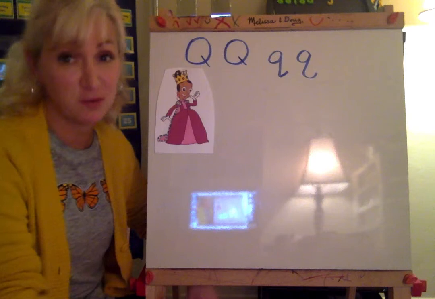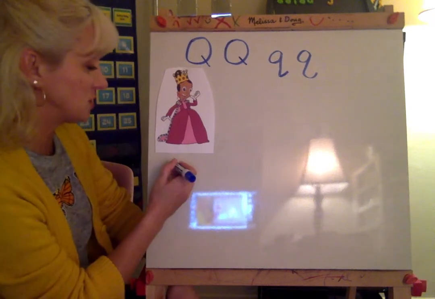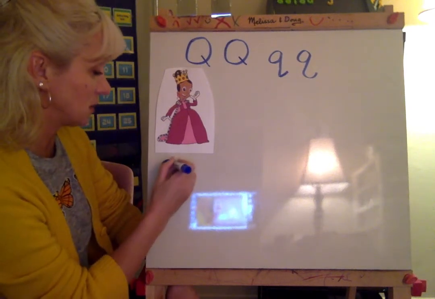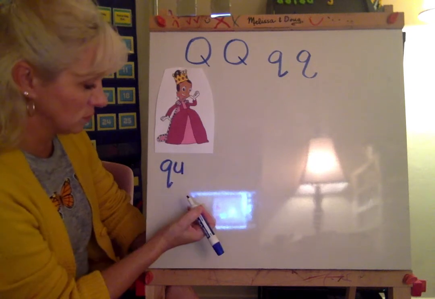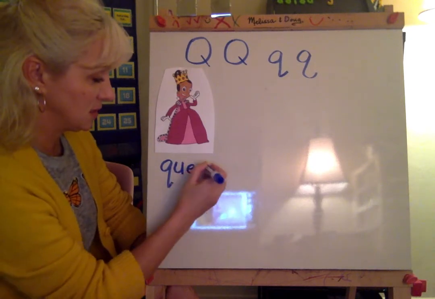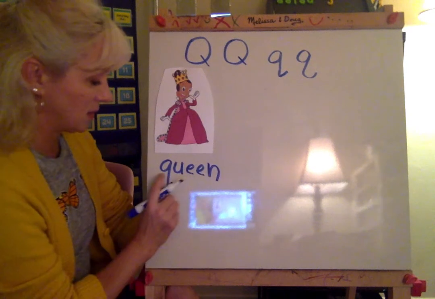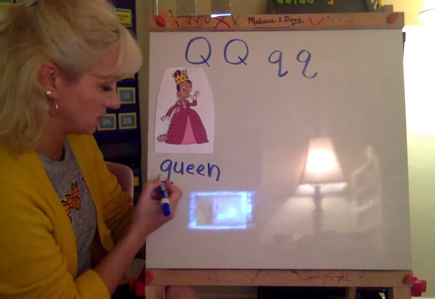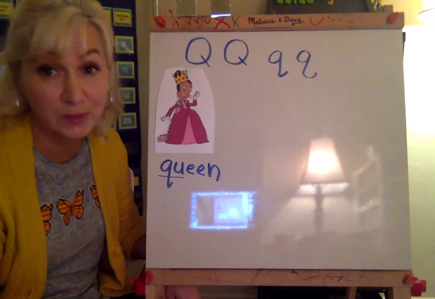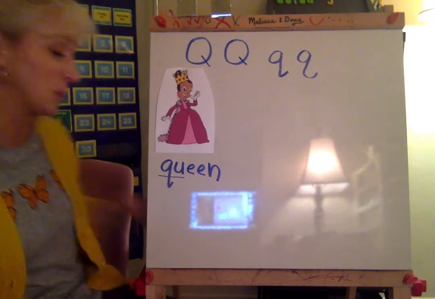Anyway, they are never apart, best friends. So anytime you see a Q, you'll see that U tagging along. So here is Q, U, E, E, N, queen, queen. So there's my Q and U, inseparable, hanging out, told you so.